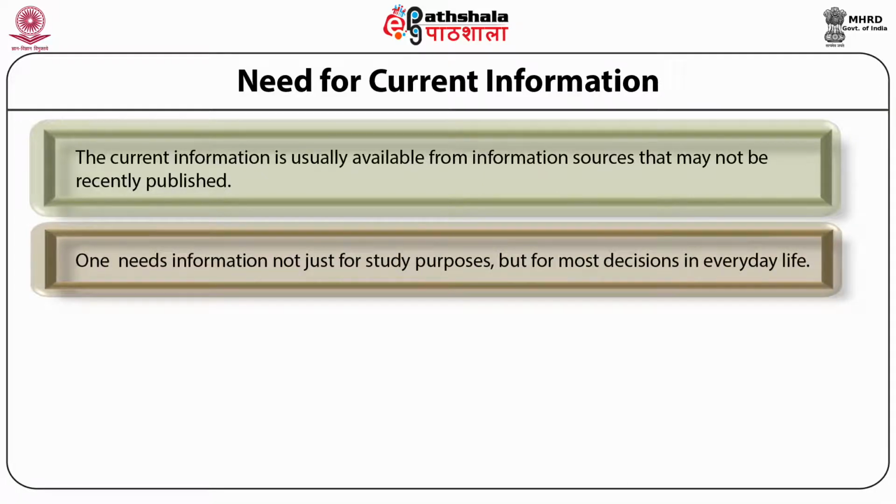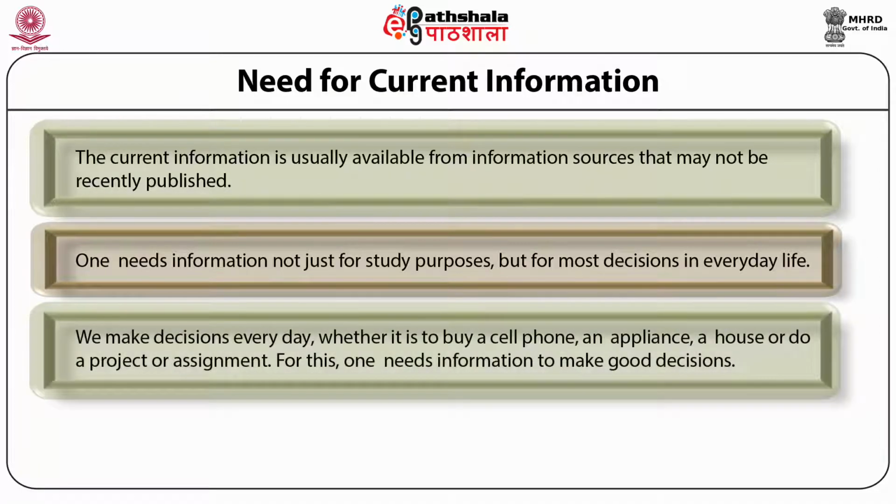As I have already said, it need not only be for study or research but for other decisions in day-to-day life. We make decisions every day, whether it is to buy a cell phone, an appliance, a house, or do a project or assignment. For this, information is needed to make good and sound decisions.